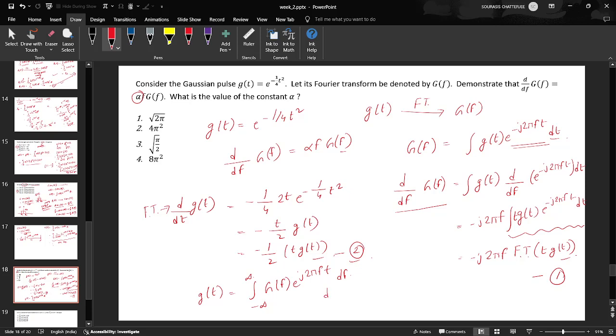So when we take the derivative with respect to t here, what we will end up obtaining is j 2 pi f, integral from minus infinity to infinity, G(f) e to the power j 2 pi f t df. Let me write it on the next page.